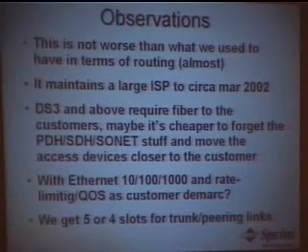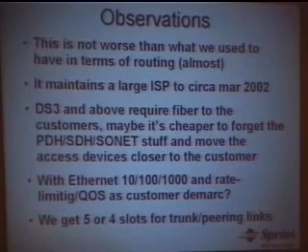Another observation I found was 10,000 DS3s going out of the building to customers. DS3 is PDH stuff. And if you add up how much money the SONET and that stuff costs, it's more money than I spend on the routers. And it has to be optical, because DS3 runs 30 feet or 10 meters or something over coax. So maybe they have to put fiber into the building.